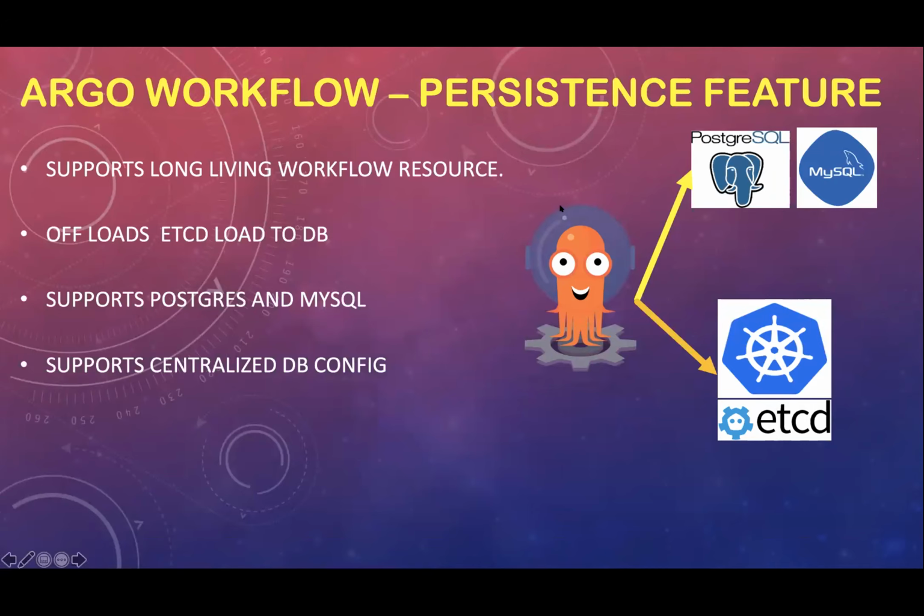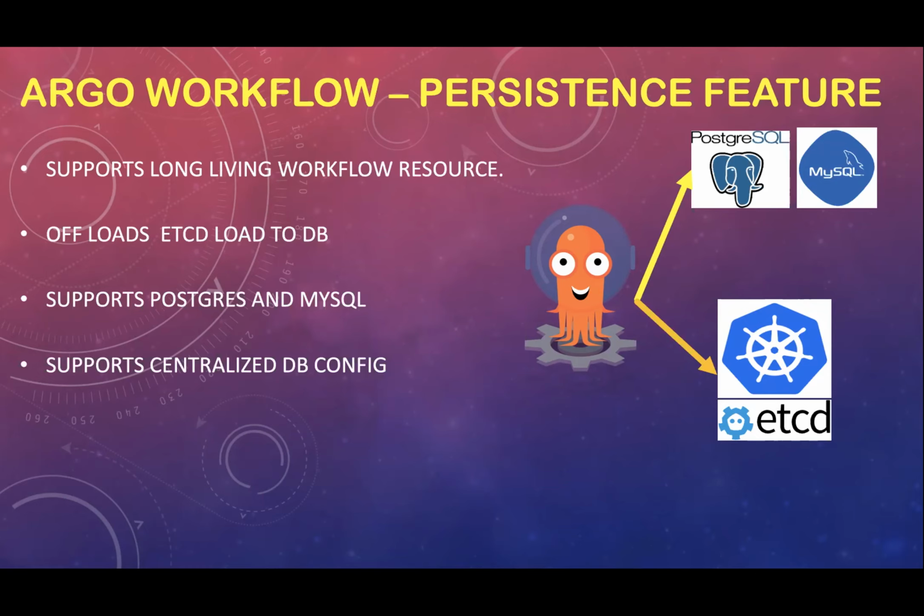The objectives of persistence are supporting long-living workflow resources, and supporting large workflows by offloading the etcd load to the DB. There is a flag you can use to offload your node status, that entire node status output, to the DB.